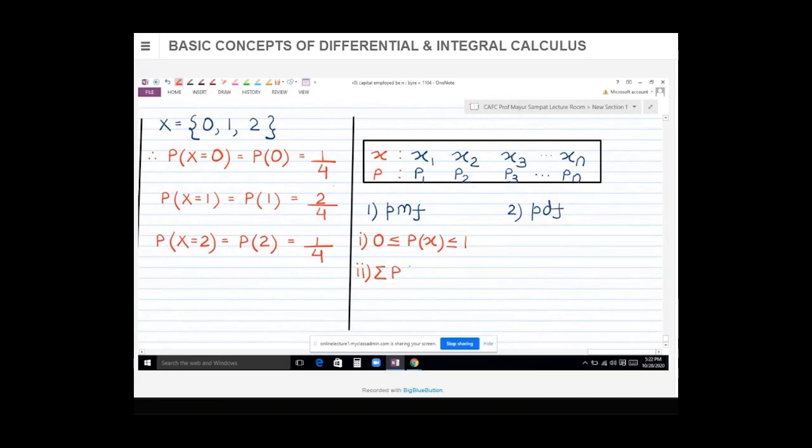For the given PDF, we have learned that the given function should always be greater than or equal to 0. F of x should be greater than or equal to 0.